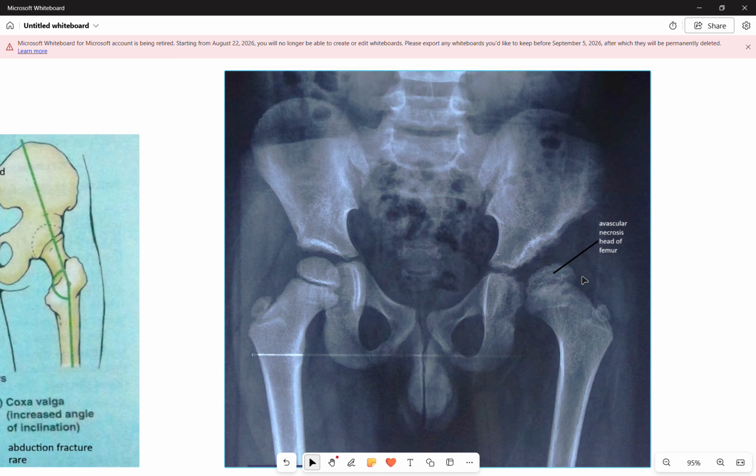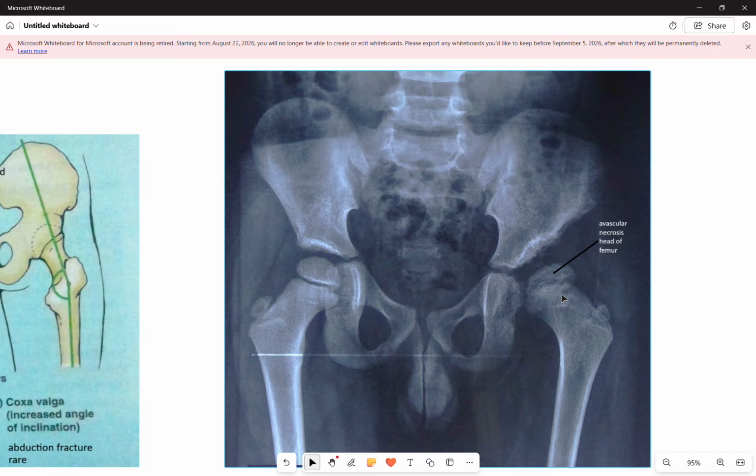Now look at here. This is a young child. Look at this head and this head. Here the head is rarefied, not very dense. It's irregular. There are lucent areas. So this head is undergoing necrosis. It's dying out slowly.